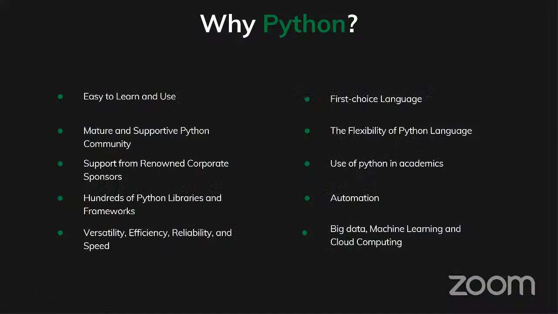What else? It's a mature and supportive Python community. It's been 30 plus years of Python in the industry, but it was never considered a top programming language, because Java and C++, and along with these two, there were others which used to rule the programming languages.